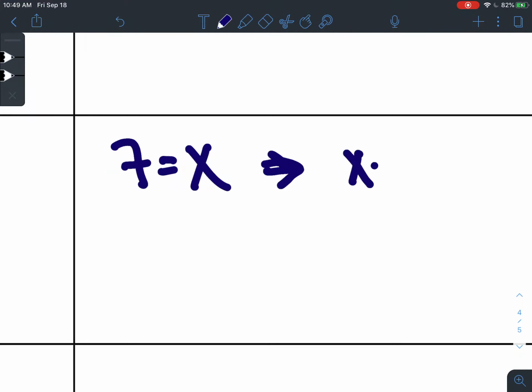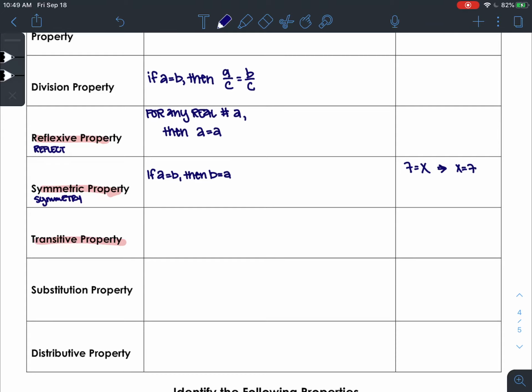And what you get is 7 is equal to X. Now, I don't like having the 7 on the left-hand side. I like to have my X on that other side. So what it's saying is that you can just flip-flop them into X equals 7, and the equality remains true. All right, so when you just flip those sides, all right, then the equality remains true.